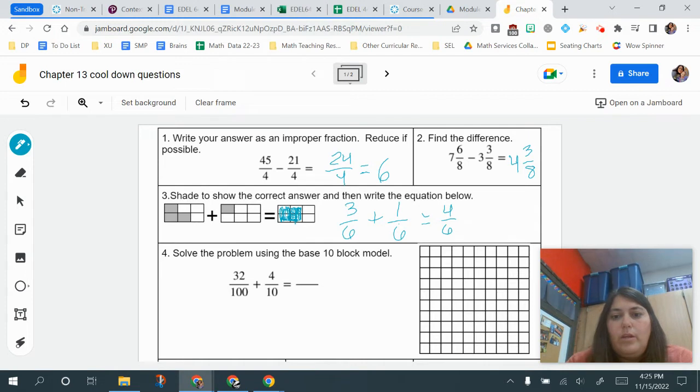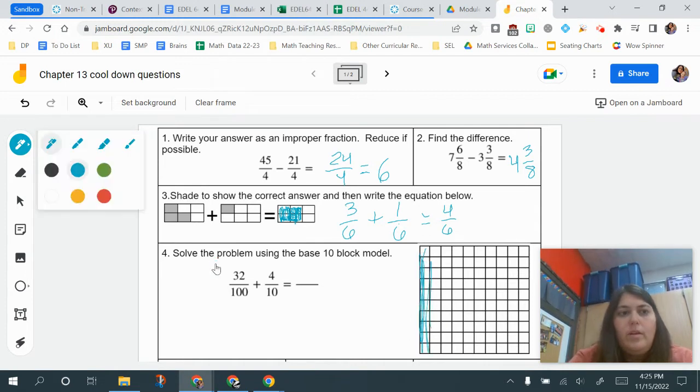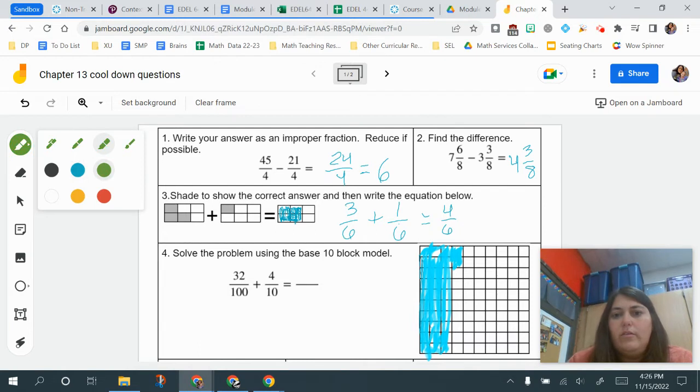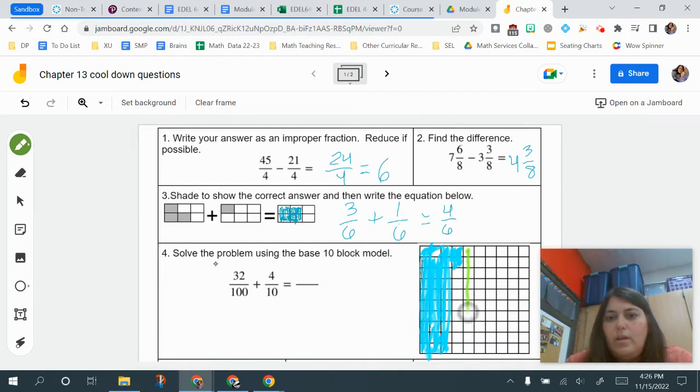Okay, so 32 is going to be 3 10s. Let me see if I can get a thicker pen. Maybe. There we go. 3 10s. And 2 little ones. And then 4 tenths, I'll do a different color here, is going to be just like this. 4 of these.